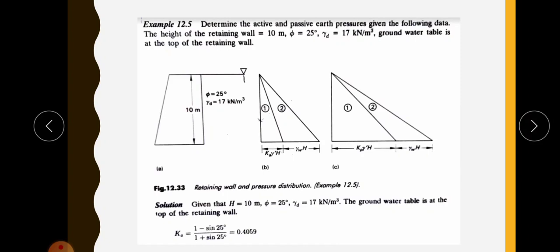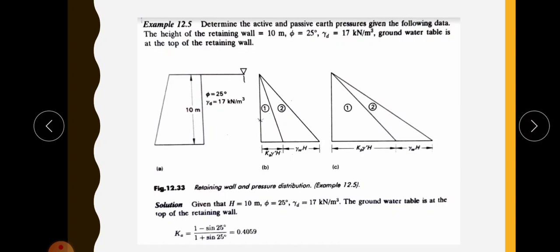If the dry unit weight is given, there is one equation relating the specific gravity of soil, dry unit weight and void ratio. That is gamma D is equal to G gamma W divided by 1 plus E. In that equation, we can assume the value of G, because specific gravity is constant and its value varies from 2.6 to 2.8 for soil.